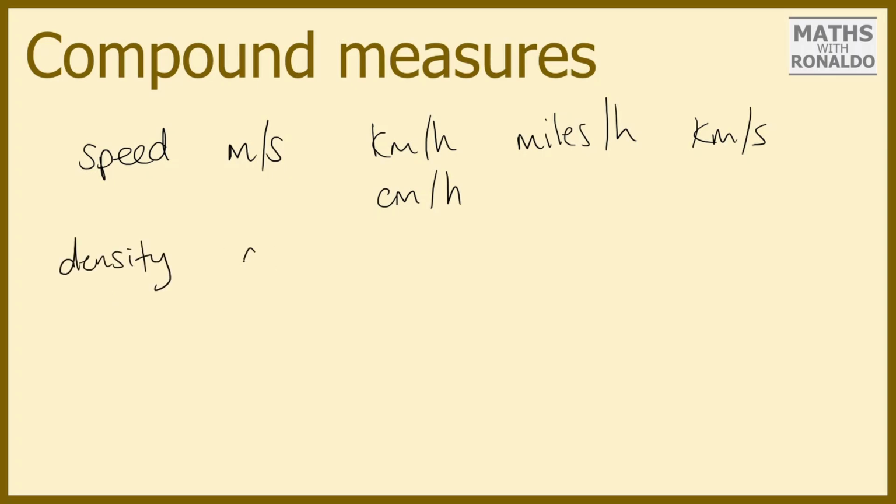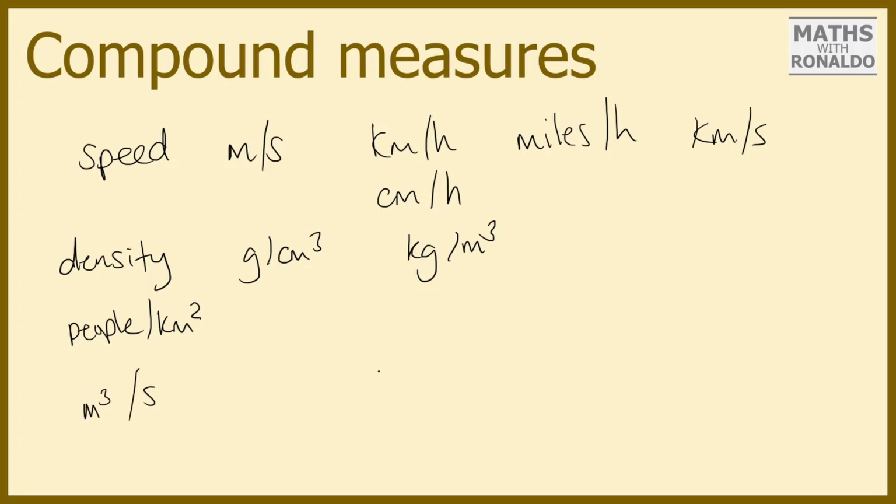Density can be measured in grams per centimeter cubed, maybe kilograms per meter cubed. And then we have stuff like population density, so it will be the number of people per squared kilometer. You may get the speed of water, water flow is given in meters cubed per second. There are so many compound measures that you could put together that we could have an endless list. But what's important is to generally use units that work together.